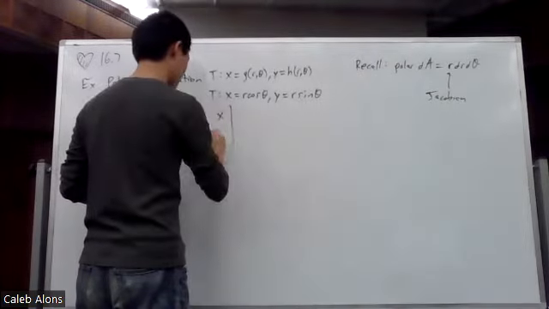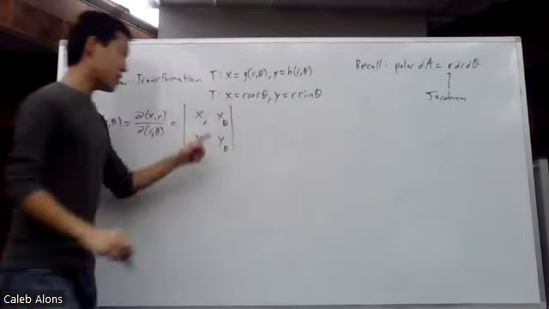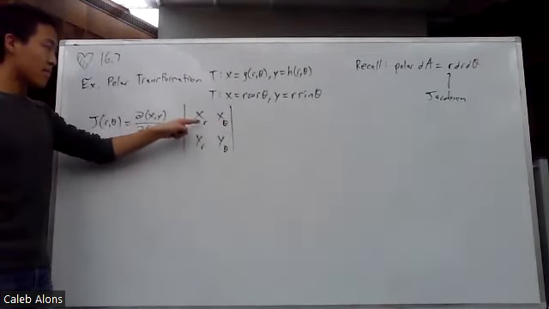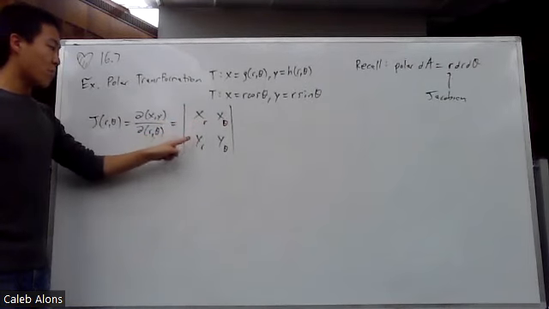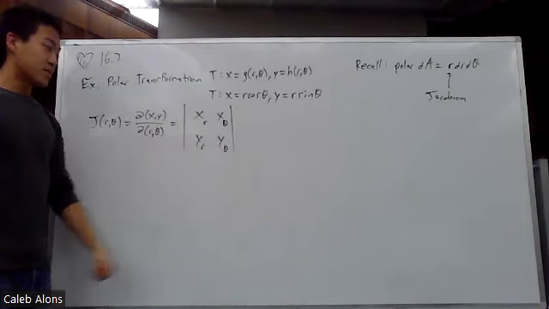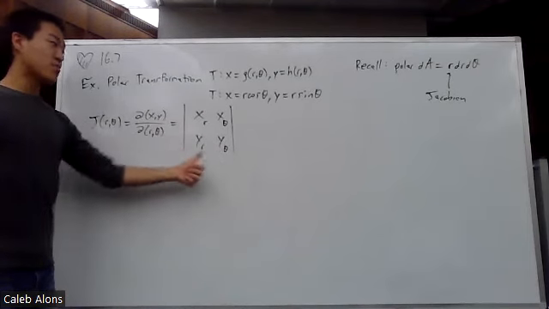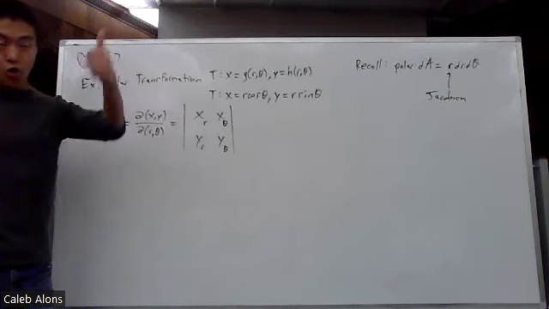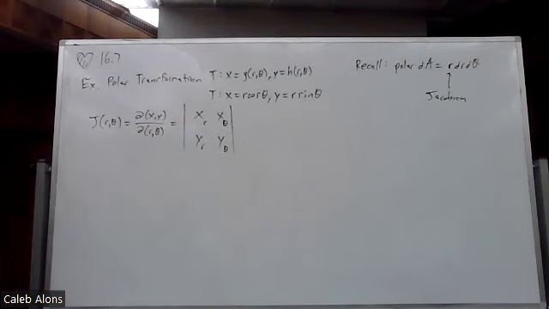So r, theta. And we know that this notation says x partial derivative with respect to r, y partial derivative with respect to r, et cetera. That makes sense. Can you do that? Can you remember that? And even if you can't, practice it, again, repetition legitimizes. So make sure you do it.